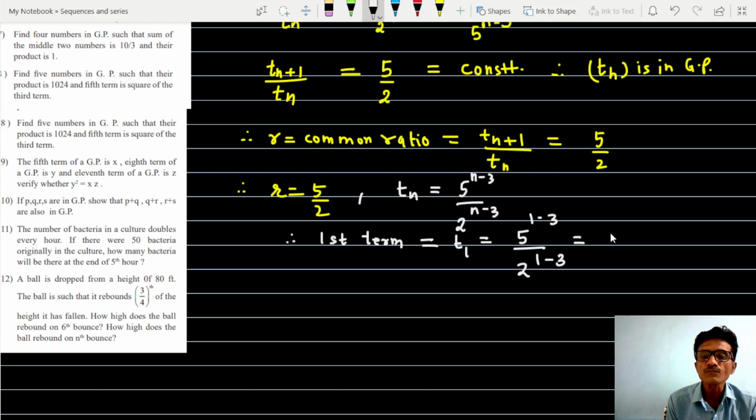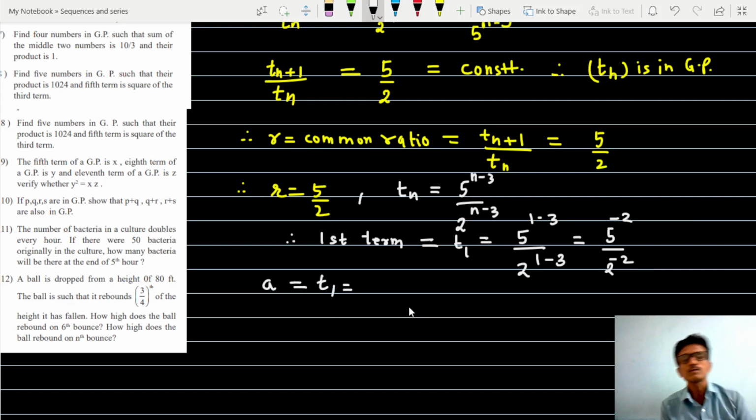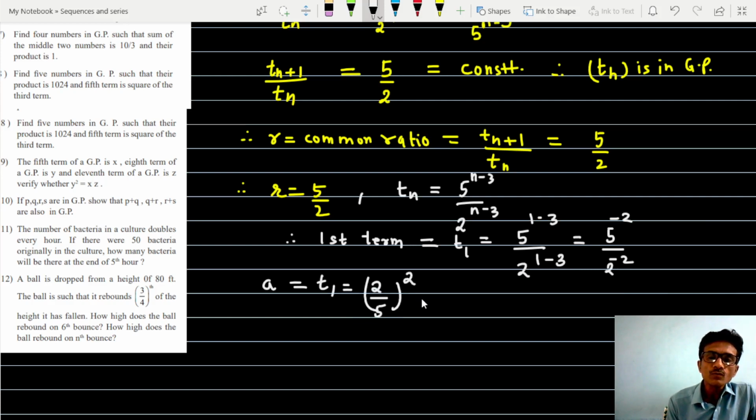It means it is 5 raised to power minus 2 upon 2 raised to power minus 2, which is the first term T1, or we can also write A. T1 is equal to, okay, it is 2 by 5, since the power is negative, raised to power 2, meaning it is 4 upon 25.